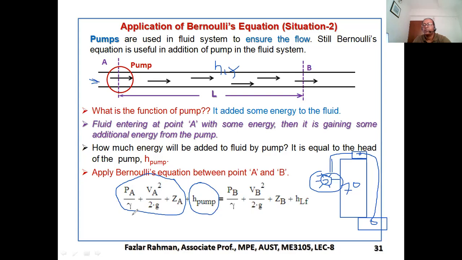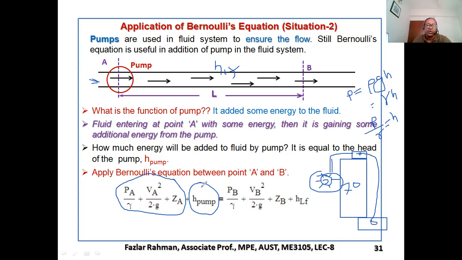P by gamma will be meters, because P equals rho g h, which means gamma h. So when you work out P by gamma, what are you getting? Only h. So the H pump unit is meters, Z is also meters, and V squared by 2g is also meters. That means it's giving head in terms of head of water or head of fluid.